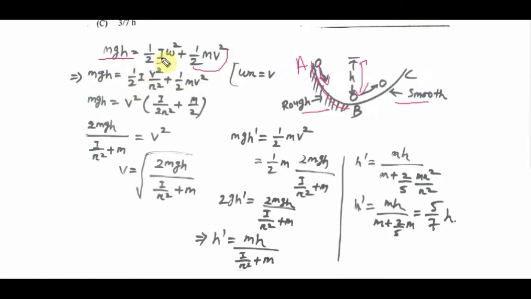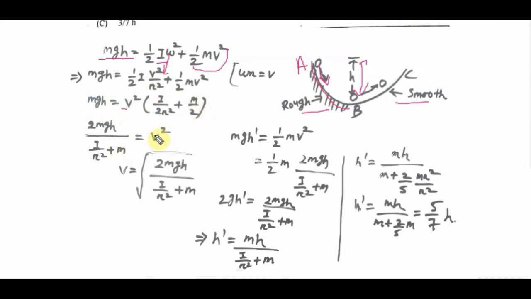We know that the value of omega equals v by r, so omega square equals v square by r square. So mgh equals, taking v square common, v square into I by 2r square plus m by 2.